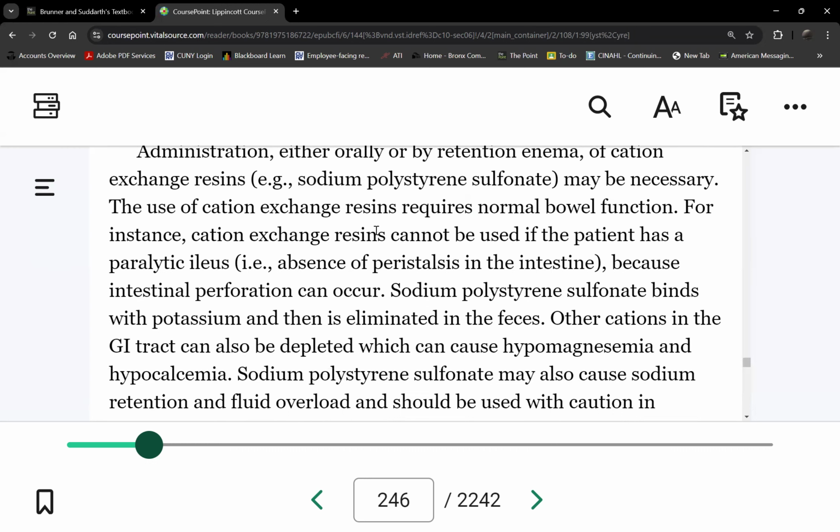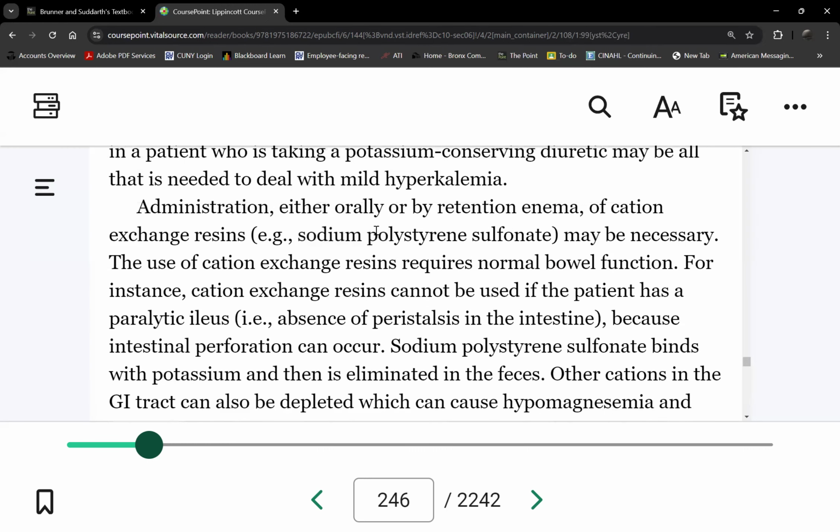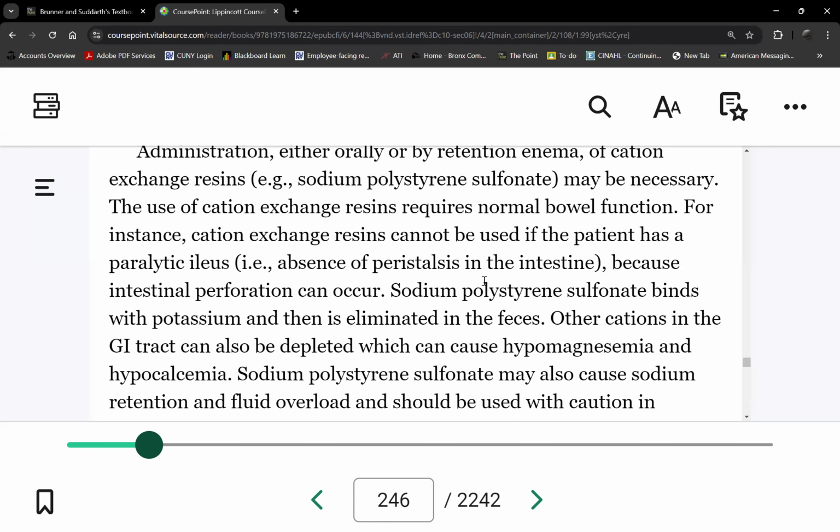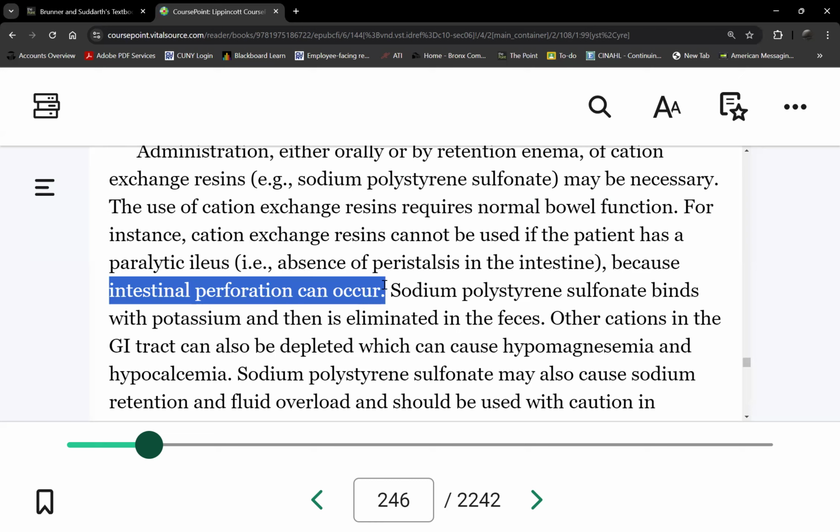Make sure if you go by this route, there better be peristalsis. No peristalsis, can you give this? Of course not, it's useless. Plus it will cause harm. It can cause perforation. So here's the rationale. Intestinal perforation can occur, meaning it'll burn a hole through your bowels if there's no peristalsis for this drug.